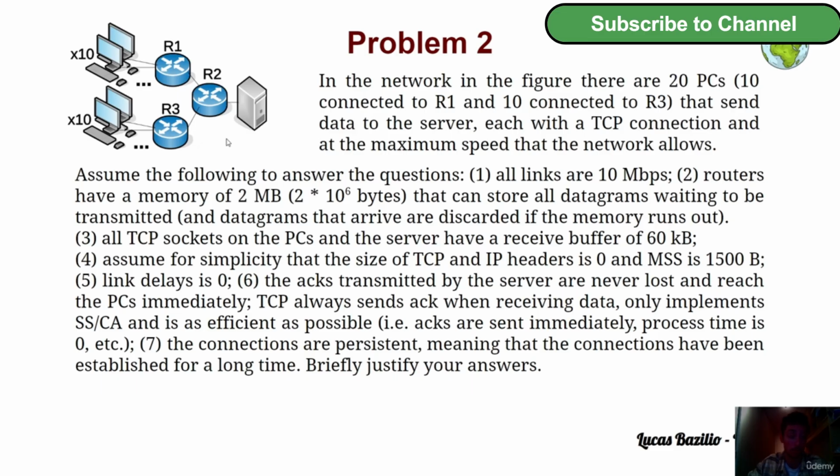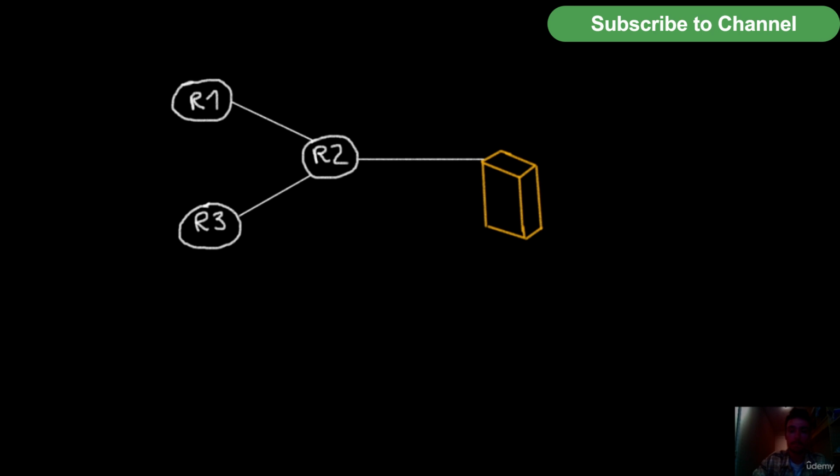This is the maximum speed that we can transmit over a link. So essentially the configuration is like this. All of the links between all of the interfaces are 10 megabits per second. From here we can send 10 megabits per second, also here 10, and also here 10.